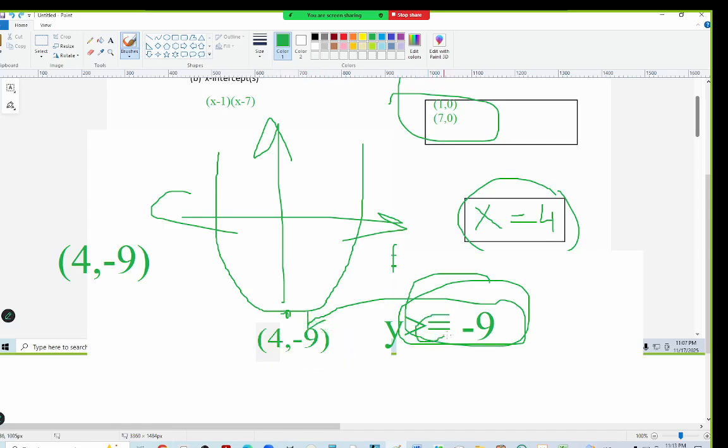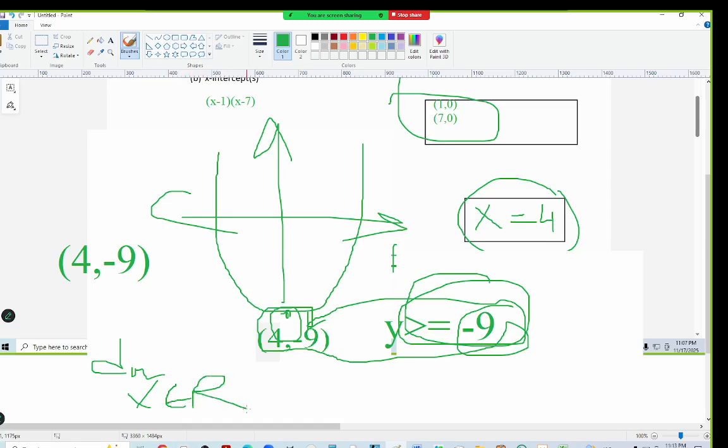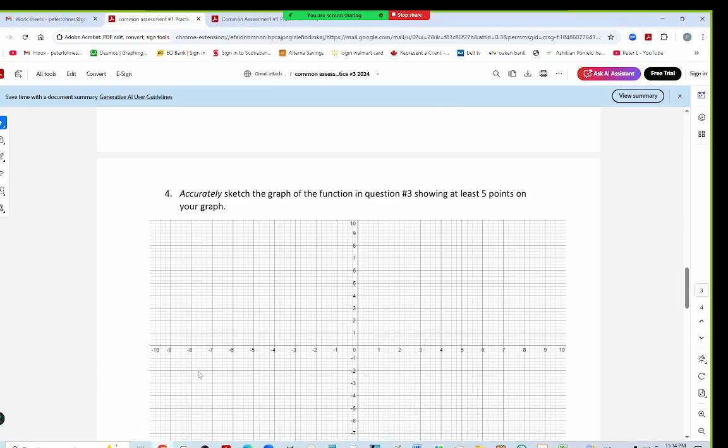But you must always include it. Y is bigger or equal to minus 9 because minus 9 exists on the graph. The domain of every parabola is x element of the real numbers. The only time that's not true is when he gives you real life situations, but he didn't give you any in this. So we'll just say x element of the real numbers.